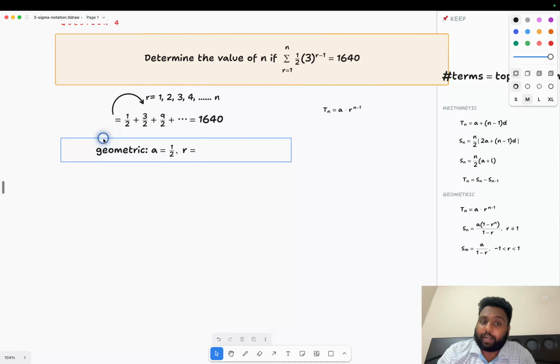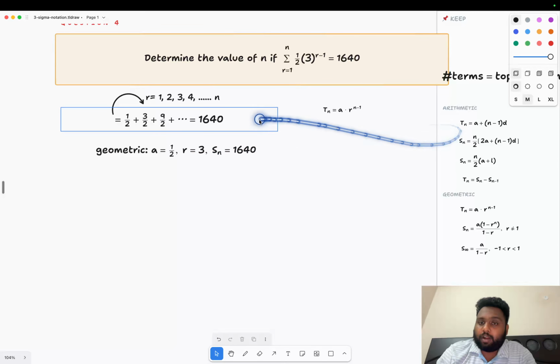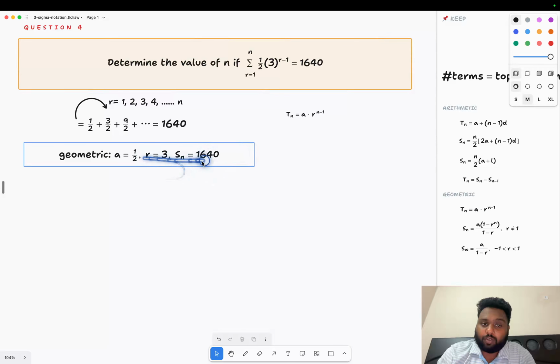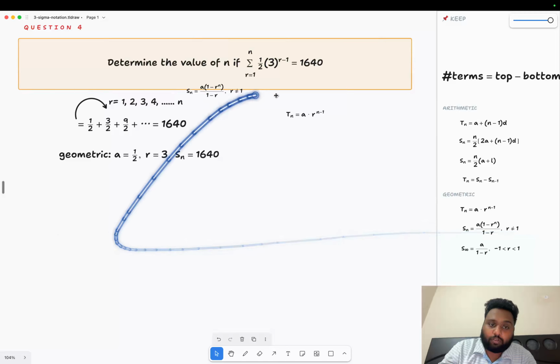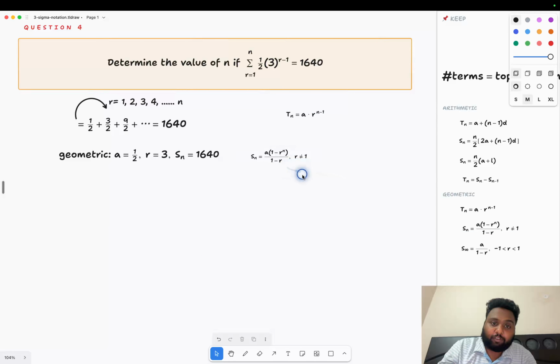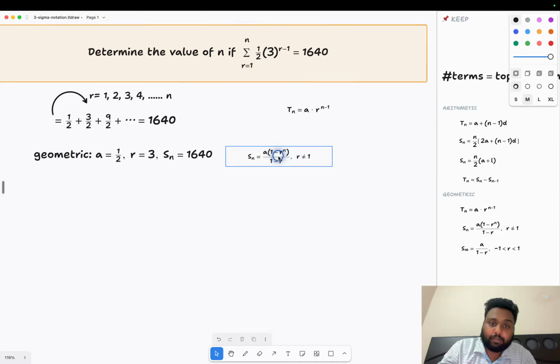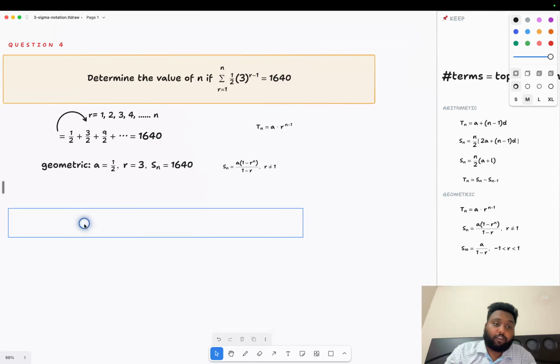so this is a geometric series with a equal to 1 by 2 and my r is equal to 3, and S of n is going to be 1640. Now that we have all of these values, what do we need to find? Because r is greater than 1, we will have to use this formula, the formula which represents Sn where r is greater than 1, and this will have a fixed number of terms, not infinite terms.